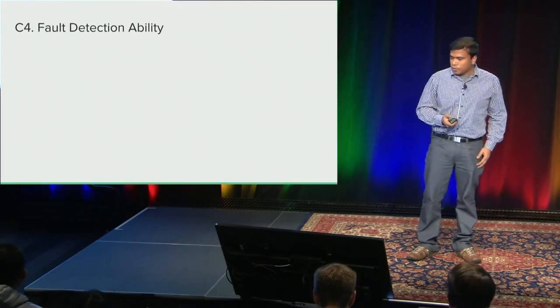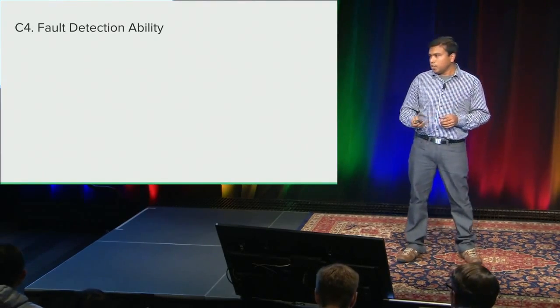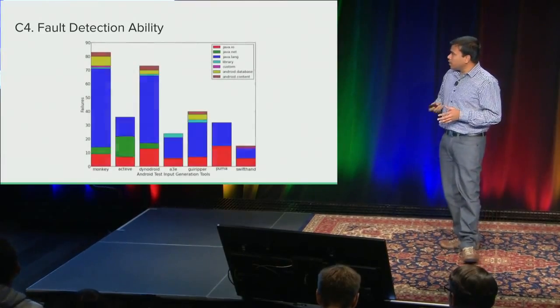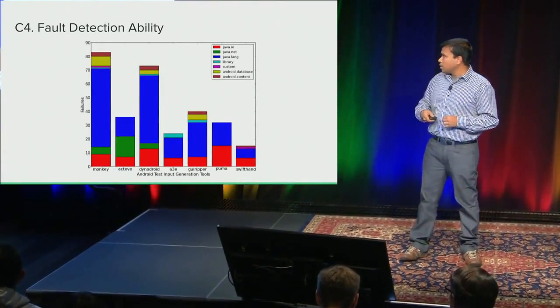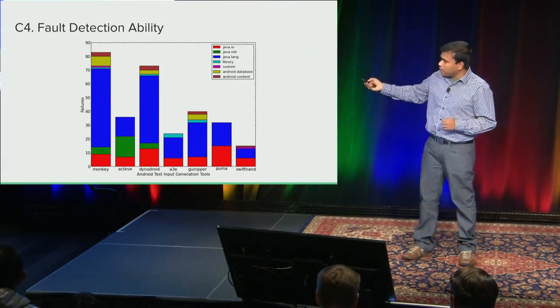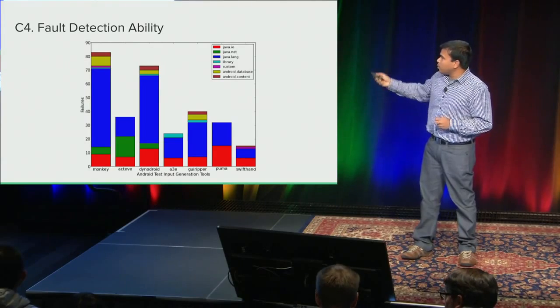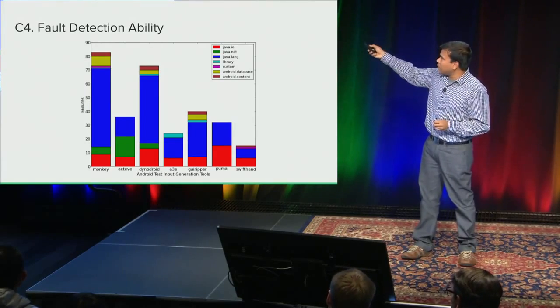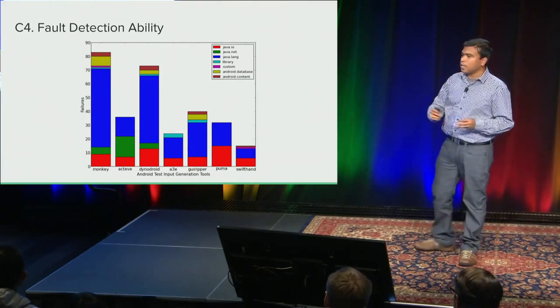Okay. So now let me show you results from the fault detection ability. Here, what we did was we counted the different failures that were invoked by these tools. As you can see, the failures are colored, which shows the different packages they belong to. For example, the blue color represents java.lang, and one representative exception in that package is the null pointer exception.